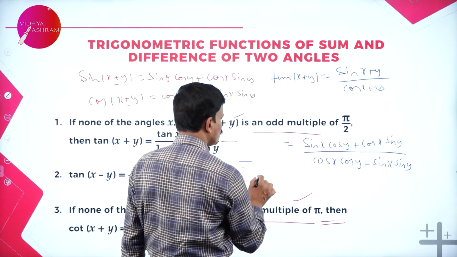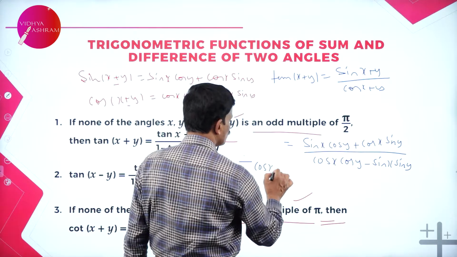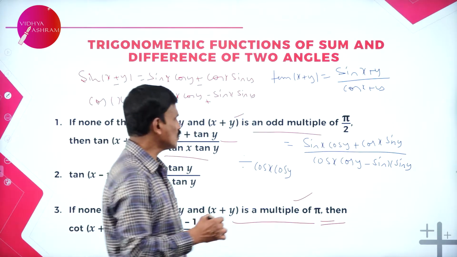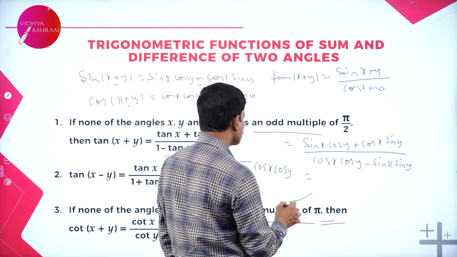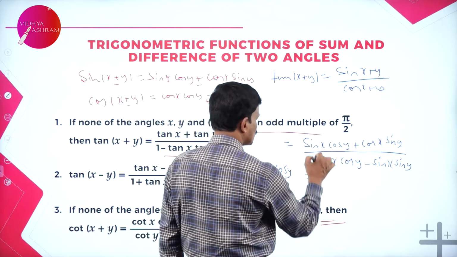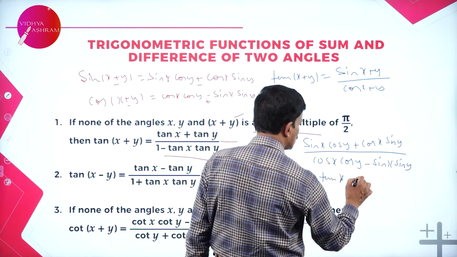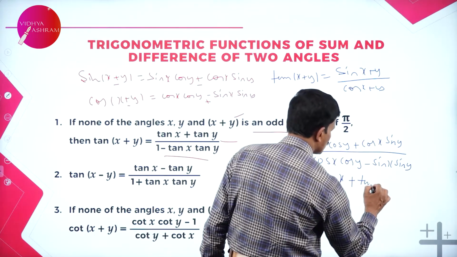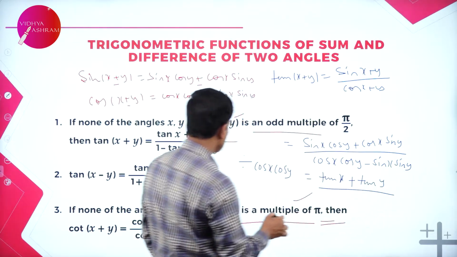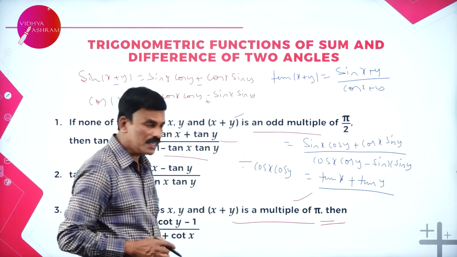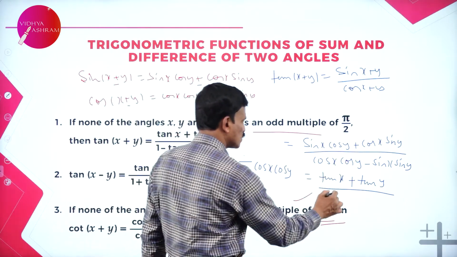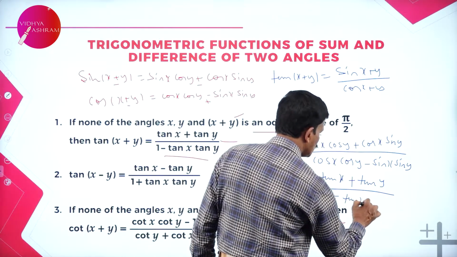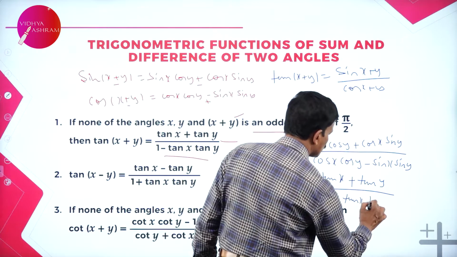Let us divide the numerator and denominator term by term by cos x cos y. If you divide term by cos x cos y, then cos y gets cancelled, sin x by cos x is tan x, plus cos x gets cancelled, sin y by cos y is equal to tan y. We will get tan x plus tan y in the numerator, divided by, in the denominator, cos x cos y gets cancelled, 1 minus sin x by cos x is tan x, into sin y by cos y, which is nothing but tan y.